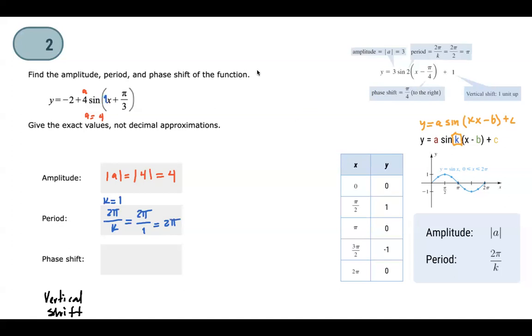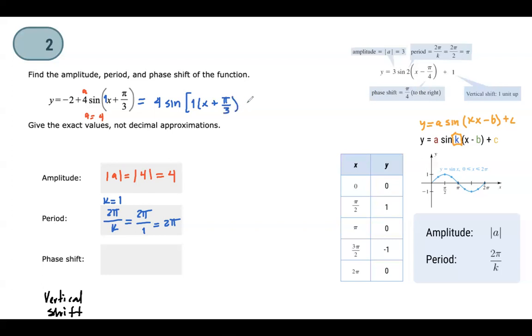Now, in order to get the phase shift, you need to do one of two things. You can either factor the 1, so have it as -2. Let me write that again. -2 plus, or I actually like to write it as 4 times the sine of, and in this particular case, you could factor the 1 to have it as 1 that multiplies x plus pi over 3.